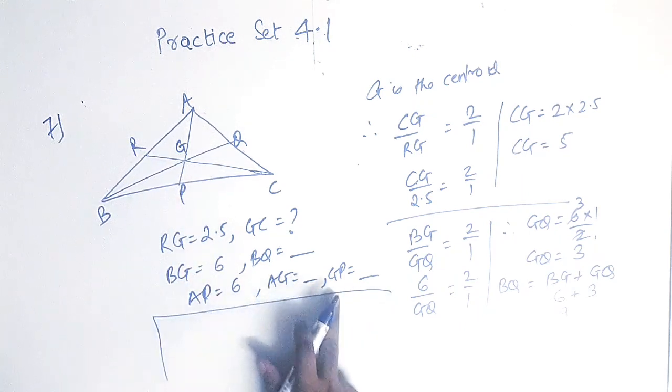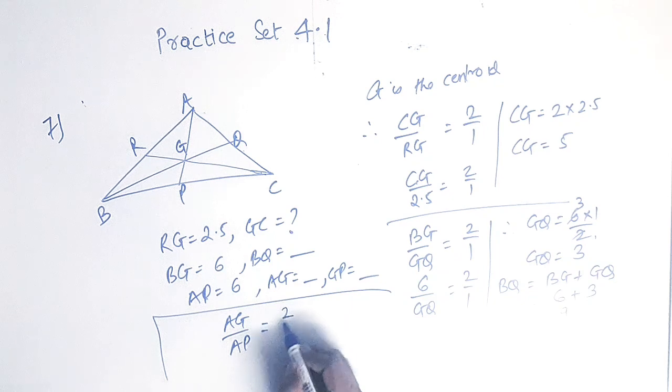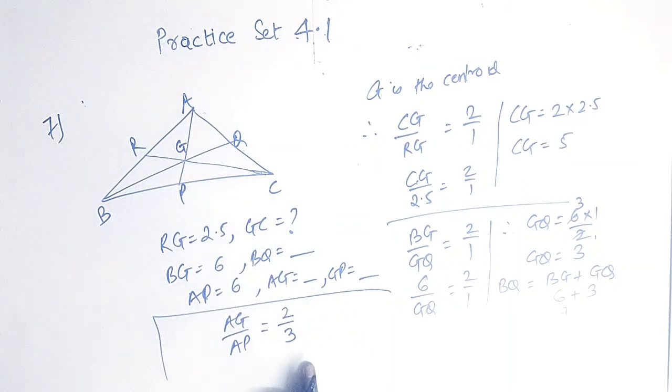Okay, then let us move on to the first this one. AP is 6, AG and GP. So AP is 6, so AP you know it is 2 is to 1. So I'll just write AG upon AP. Here I am not writing AG upon GP is equal to 2 upon 1. AG upon AP is equal to 2 upon 3. 2 plus 1, AP will be 3.